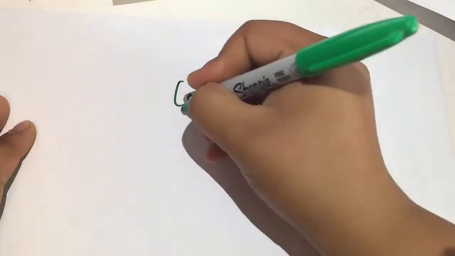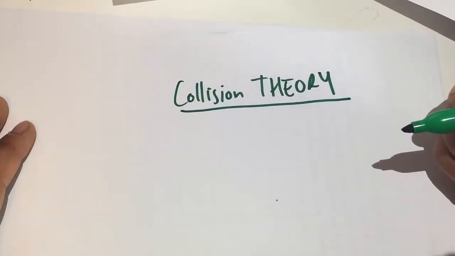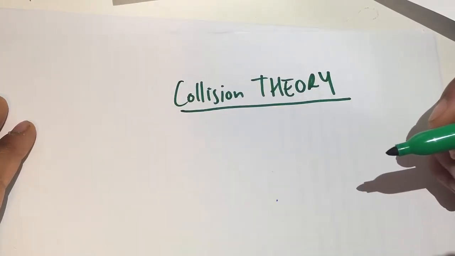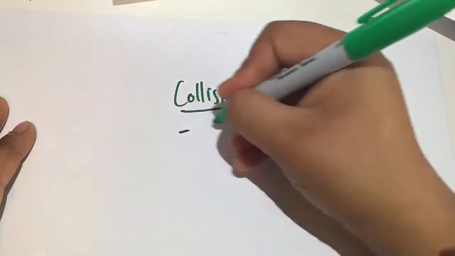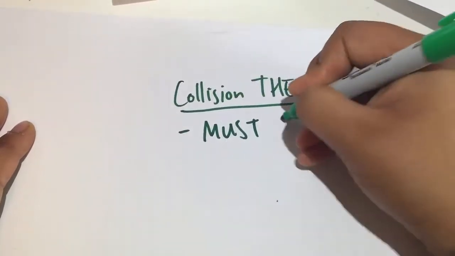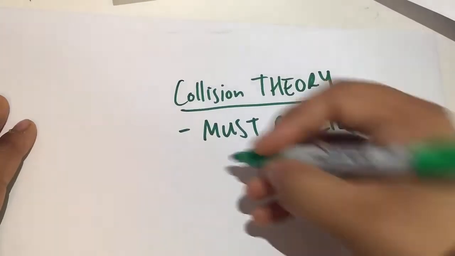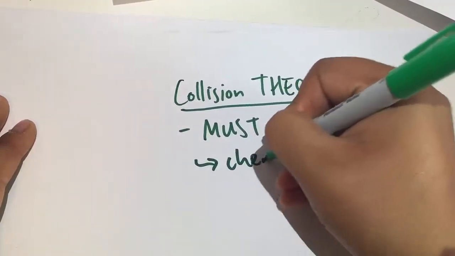So if we have a look at that collision theory, the essential element of it is that atoms or molecules or compounds are going to collide in order to react. So that first thing is that they must collide in order to get a chemical reaction.